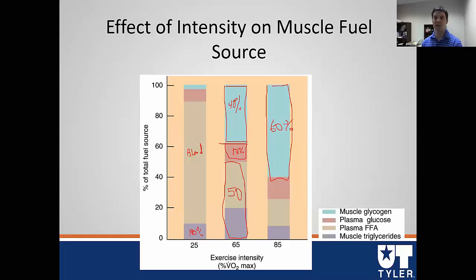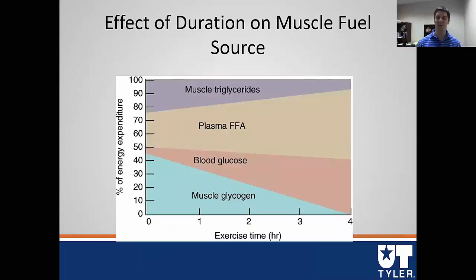So what does glycogen depletion look like? So here we're looking at duration. That was intensity, and now we're back to duration, right? Again, in a moderate intensity exercise, 40 to 50%, think about this as something that you could potentially run a couple hours at.